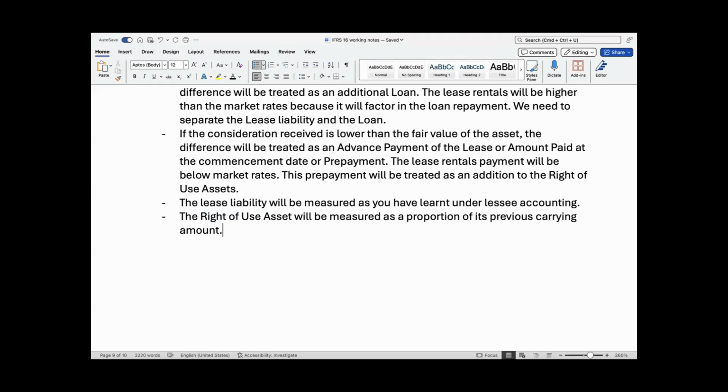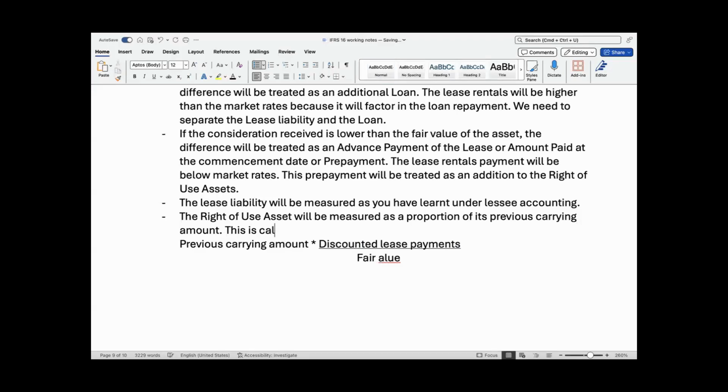So that means the right of use asset would be measured like this. It would be, we'll say, the previous carrying amount times the discounted lease payment or lease rentals divided by the fair value of the assets.